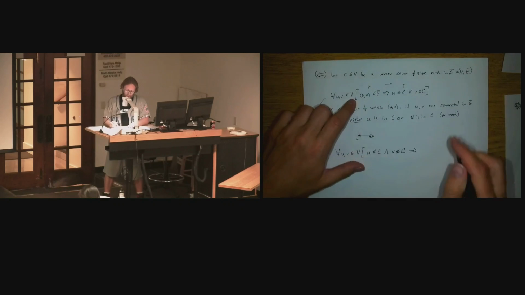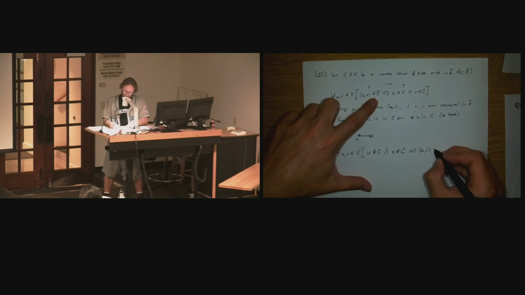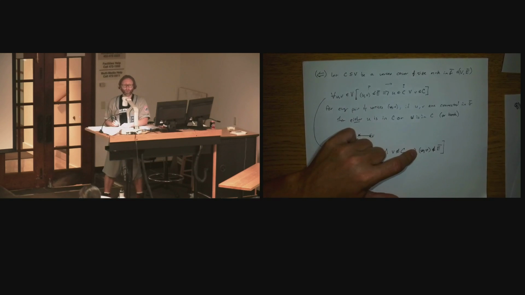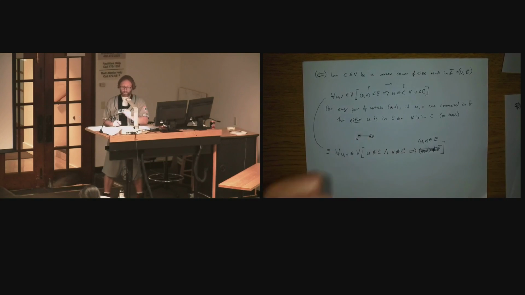Implies now not P. What does this say about P? U comma V is not an edge in E complement, but I've got a double negation. What do I do with a double negation? It is an edge in E, right?